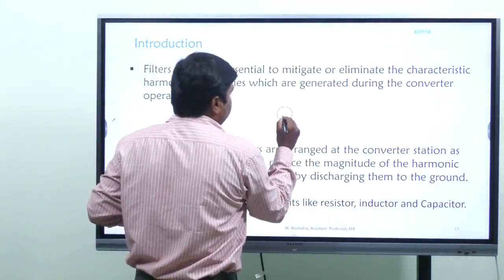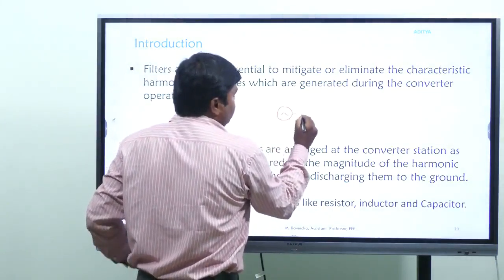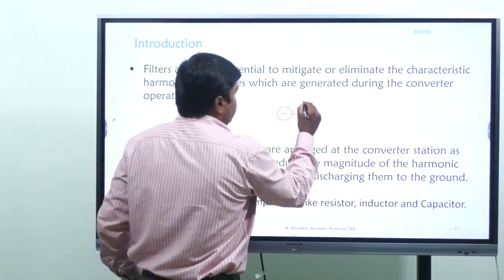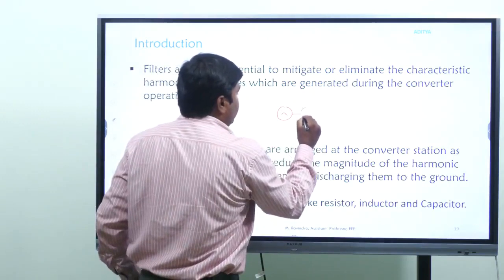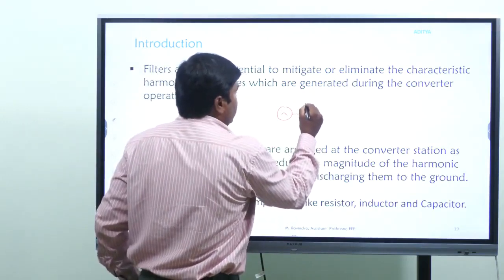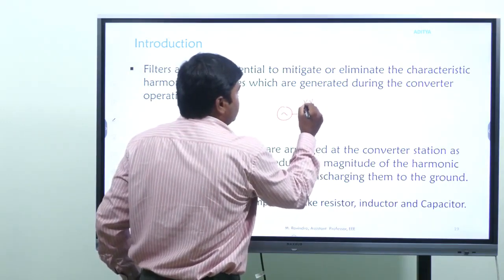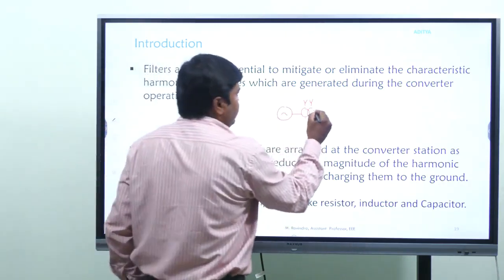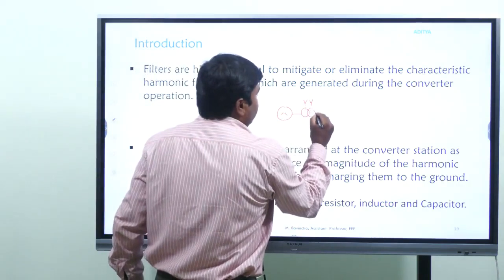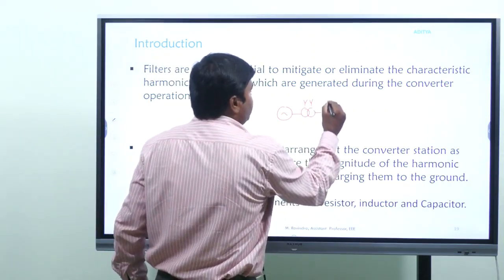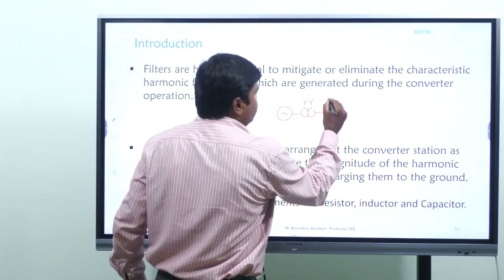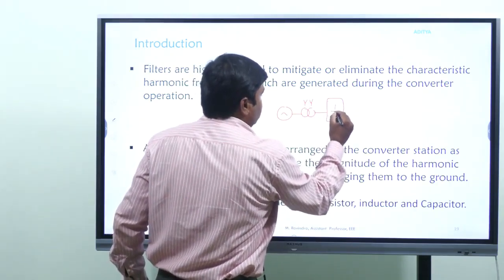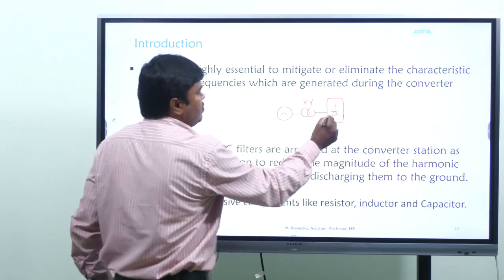Let us consider this. This is the AC supply, and it is given to transformers, star to star connection. Another is star to delta if it is a 24 pulse converter, and this is given to the converter device, a rectifier, AC to DC.